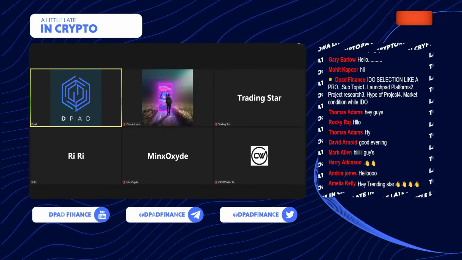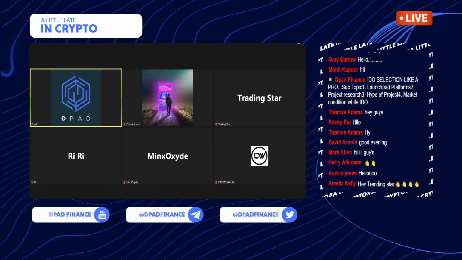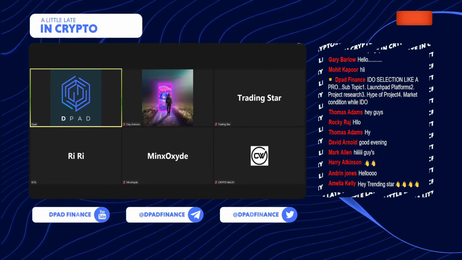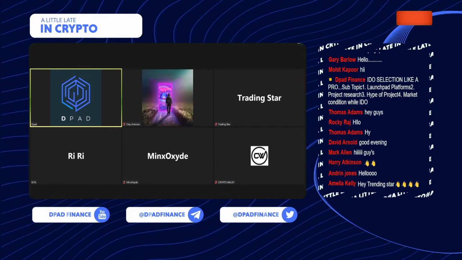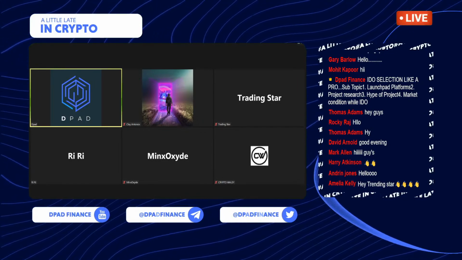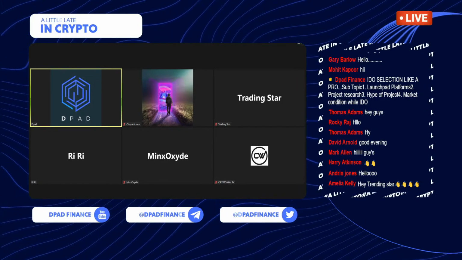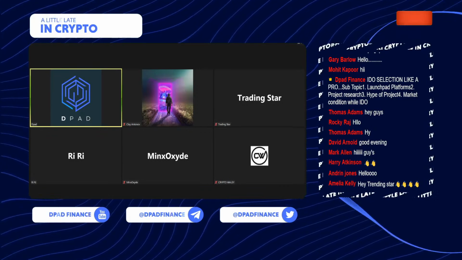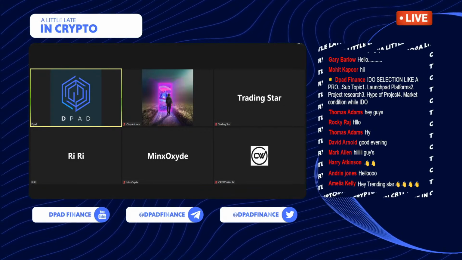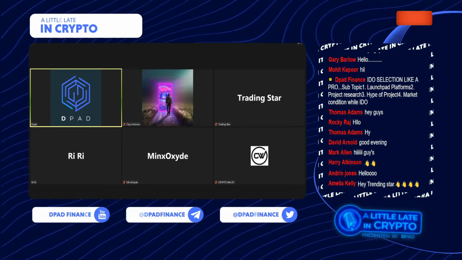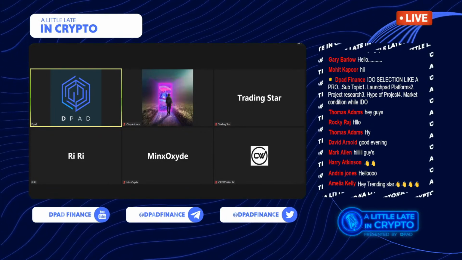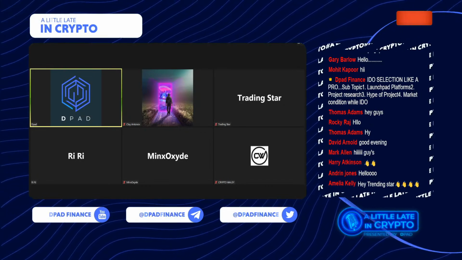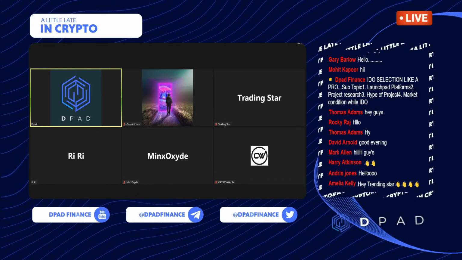Looking at the 9 parameters, the first parameter we check is the idea of the project, whether it's a dumb idea or an innovative idea. Then the second point that we check is the website, mainly the display, how the project has displayed their information and their idea.